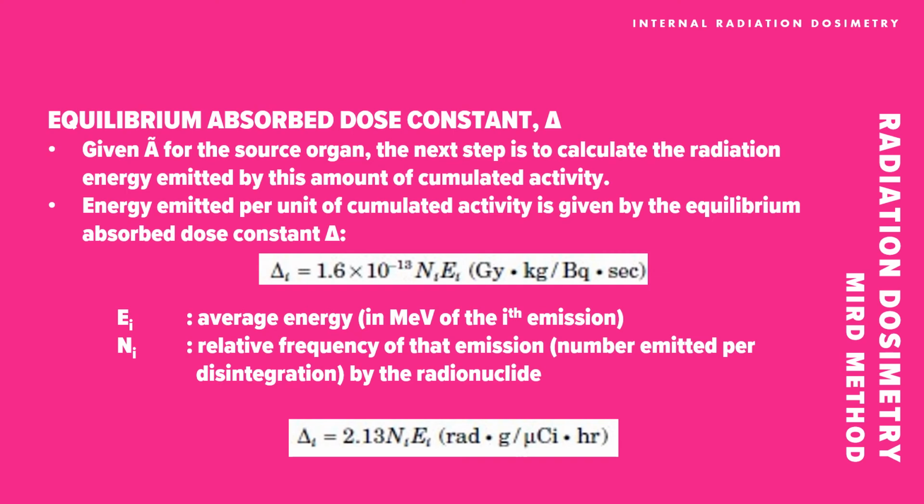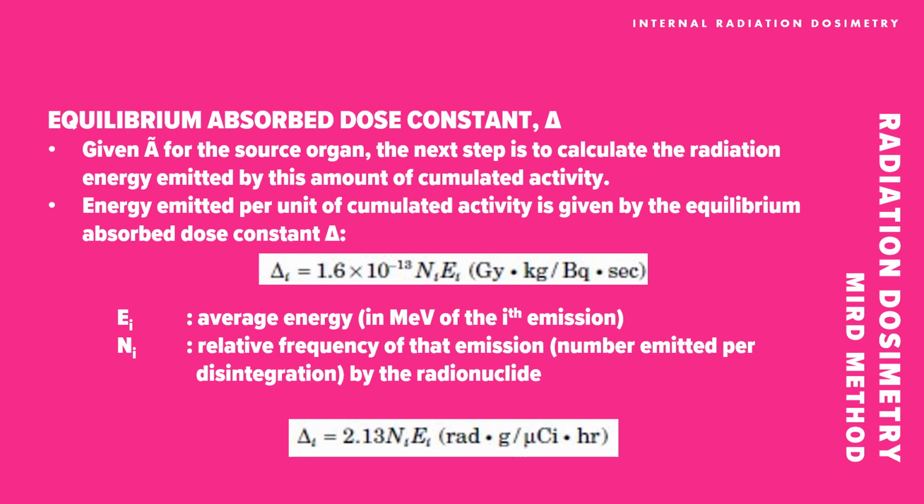Now I would like to talk about the equilibrium absorbed dose constant. The symbol is delta, this triangle we call delta. Given the cumulative activity for the source organ, now we need to calculate the radiation energy emitted by this amount of cumulative activity.